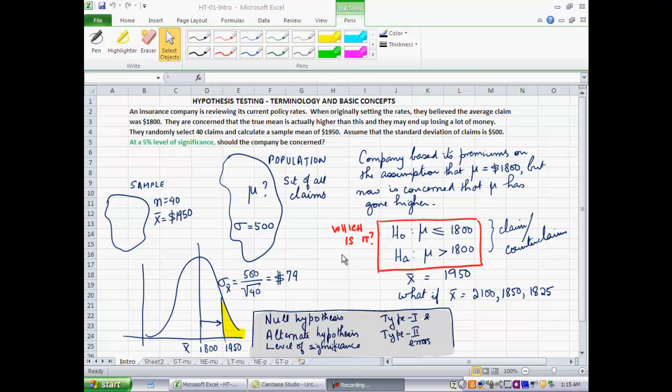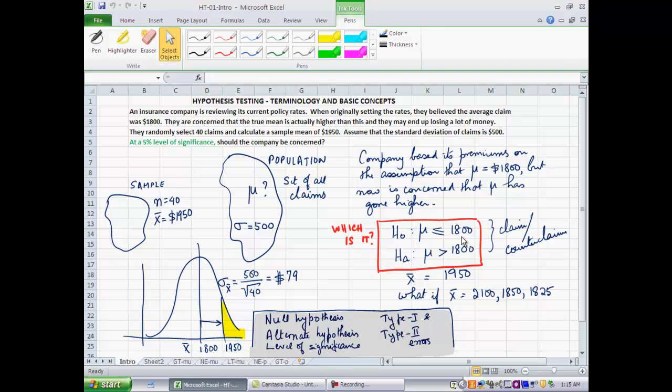On the other hand, if the sample statistic, instead of being 1950, actually turned out to be $1,825, you'd be a lot less sure. You'd be less inclined to reject the null. You say, well, maybe the population mean is in fact less than or equal to $1,800 because I'm so close to it. So you can see intuitively, the further away you are from this presumed value, the more sure you are about rejecting this particular claim.